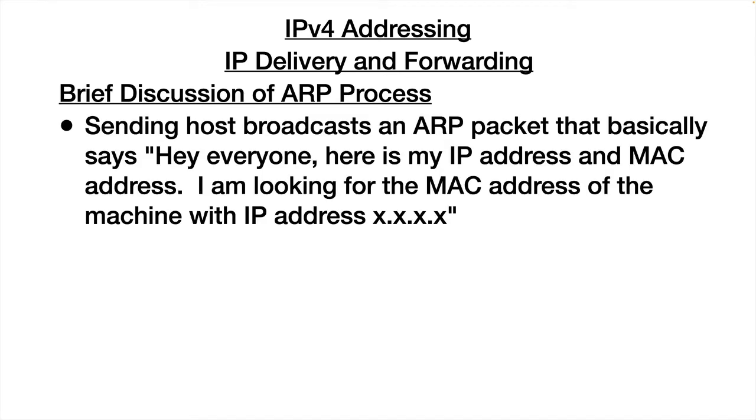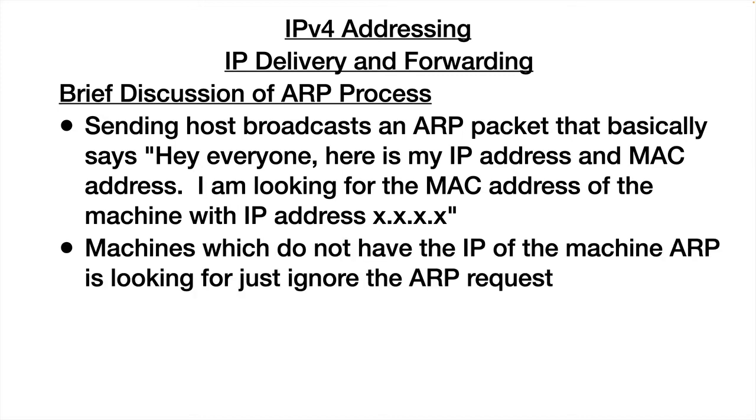But a brief discussion of the ARP process is that the machine that's sending the IP packet broadcasts an ARP packet that basically says, hey everyone, here's my IP address and my MAC address. I'm looking for the MAC address of the machine with the IP address x.x.x.x. That's a broadcast that goes out to everybody.